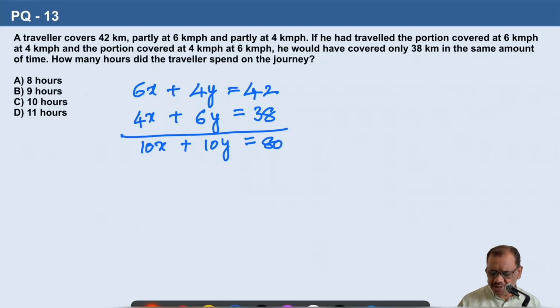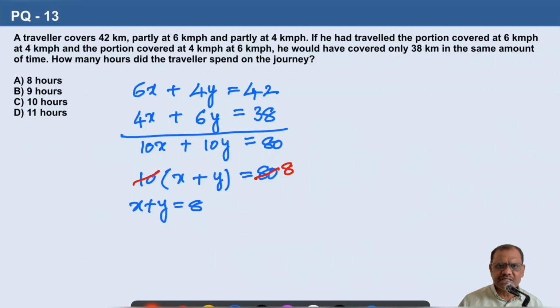So 10 is common in both the terms. If you take 10 common, x plus y is equal to 80. Simplifying 10 and 80, 8 times. So the remaining is x plus y is equal to 8.